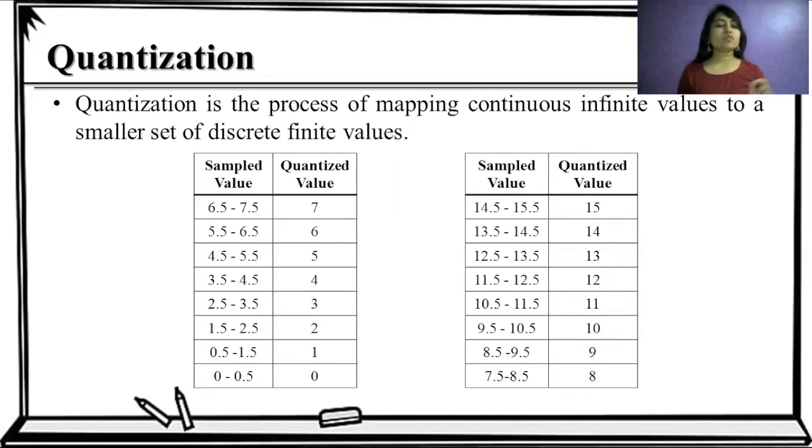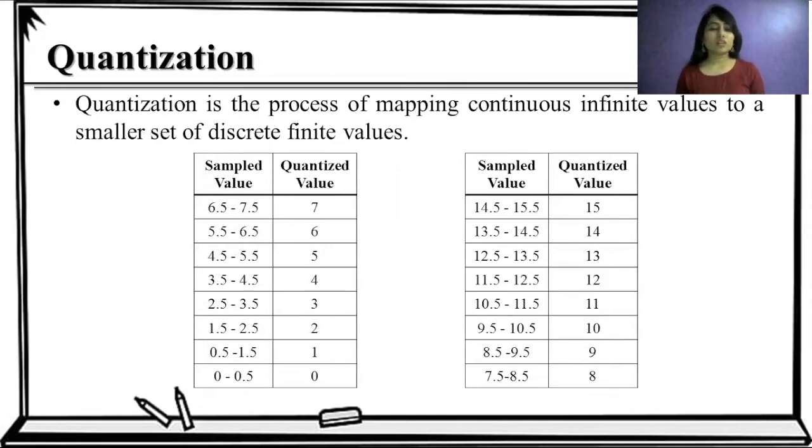For example, from 0 to 0.5 we consider a quantized value of 0. Then for 0.5 to 1.5, we consider any sampled value in this range equal to 1. Then from 1.5 to 2.5 we convert this value into 2. So basically we make a margin of plus or minus 0.5 for any number.